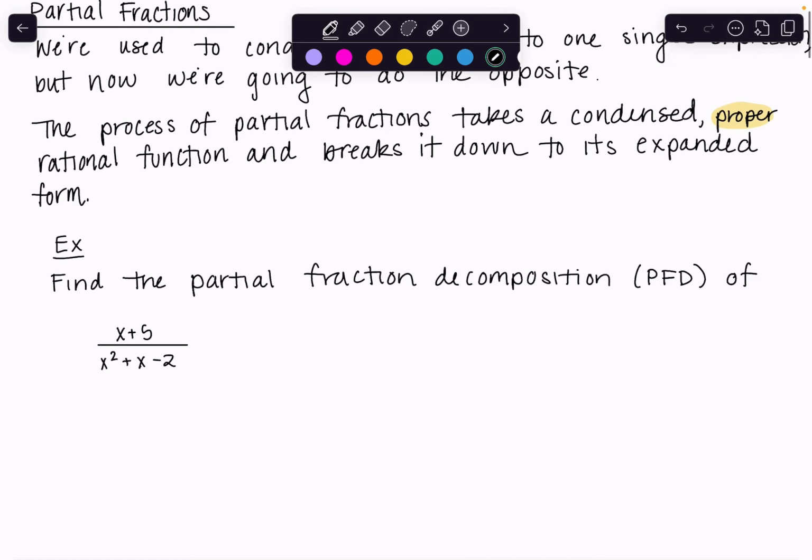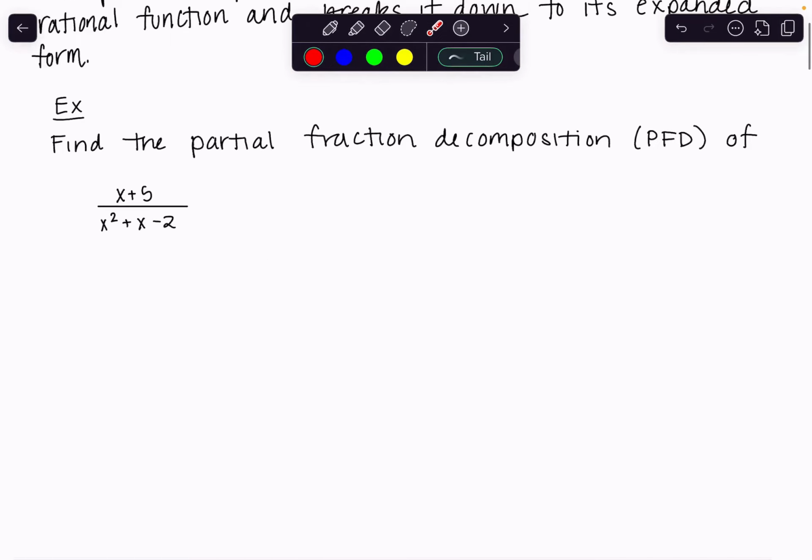So we're going to find the partial fraction decomposition, which we're going to abbreviate PFD, of this particular rational function. Again, the idea is I want to see what fractions I added together so that it simplified to this expression. The first thing I always need to do is check to make sure it is proper.